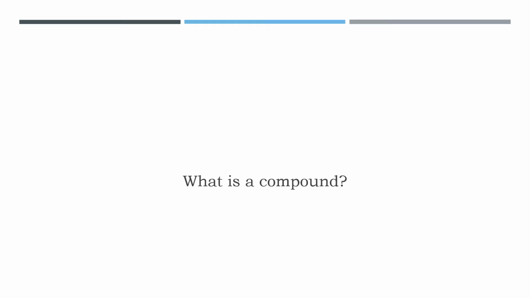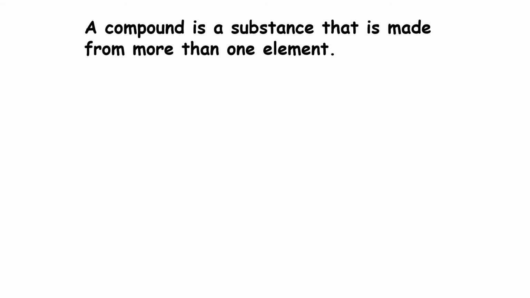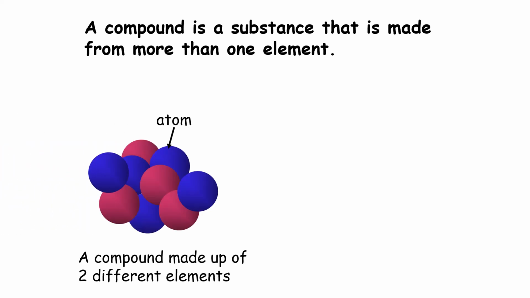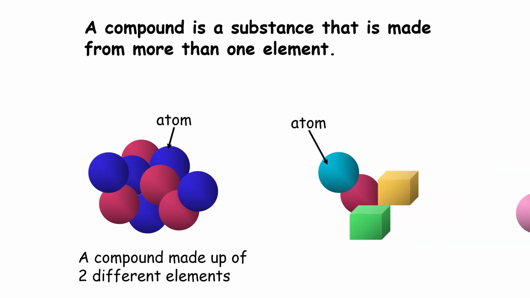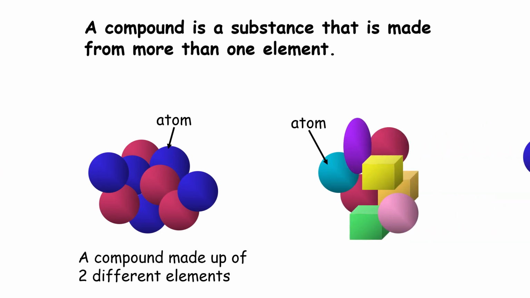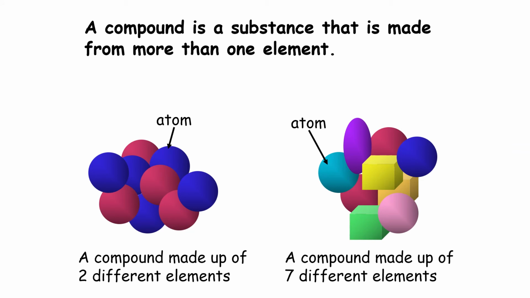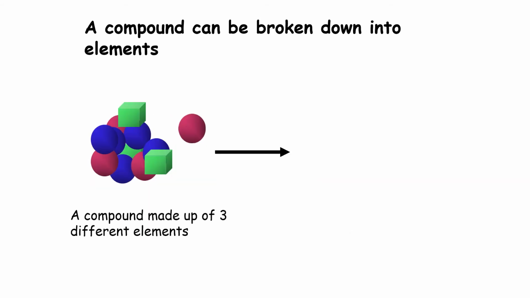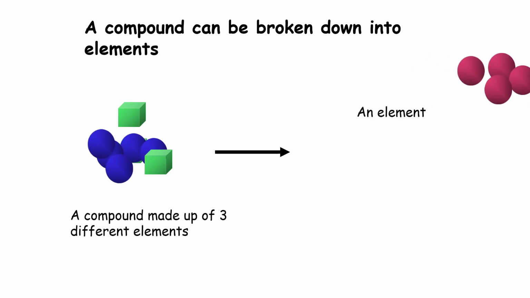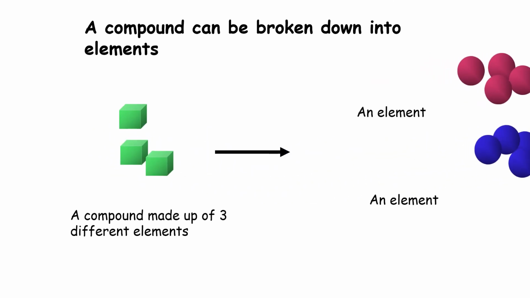So what is a compound? A compound is a substance that is made from more than one element. So this is the representation of a compound. A compound can be broken down into elements.